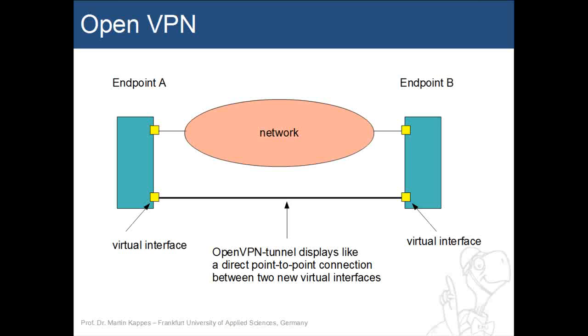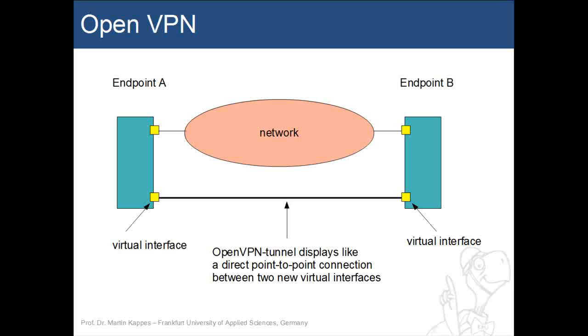UDP as a transport protocol, of course, makes much more sense when it comes to VPNs. Why? Because basically if a single packet or frame or whatever is not received fine at the other side, you don't really want to stall the whole transmission until that frame has been retransmitted. You want to go on sending out packets, which is why UDP is likely the best possible choice for doing this.